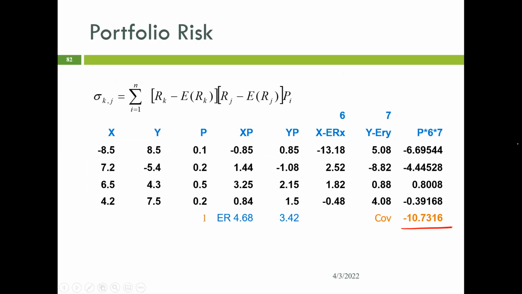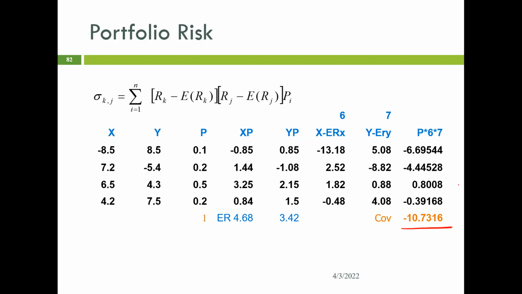So the covariance is negative. It means that they are moving in the opposite direction in a particular time. So they are moving in the opposite direction, right? Because that is negative, when X stock returns are increasing, Y stock returns are decreasing. That is a negative relationship.